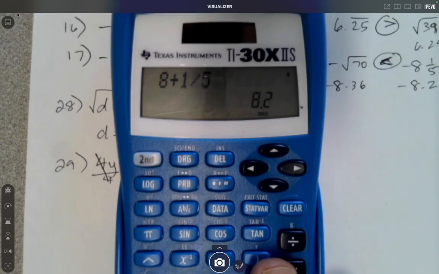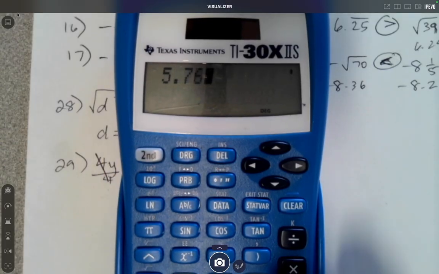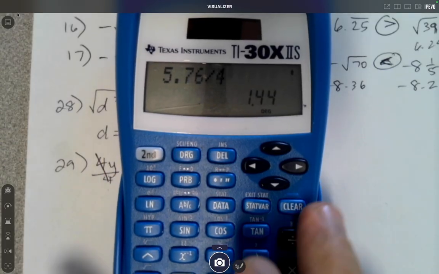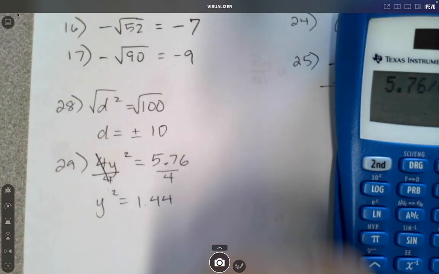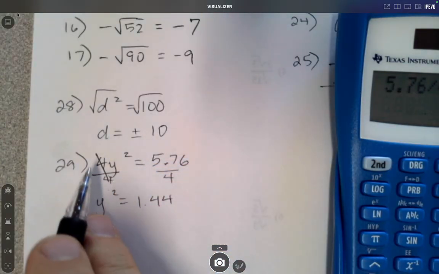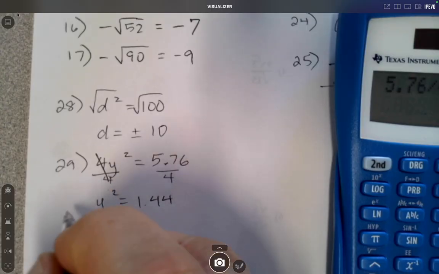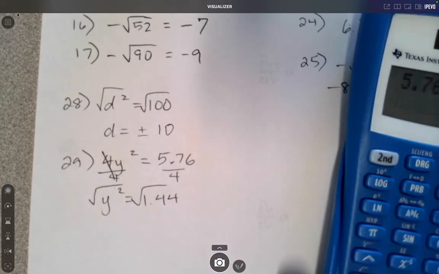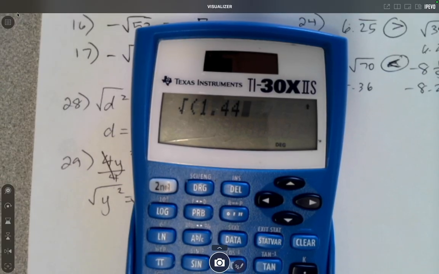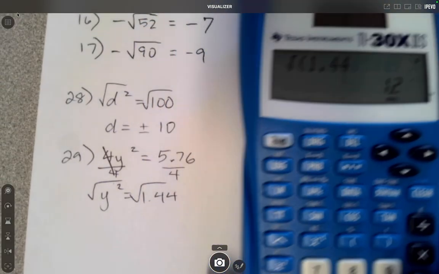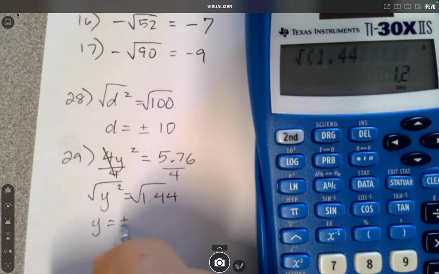So 5.76 divided by 4 is 1.44. So y squared equals 1.44. Now that I've gotten rid of that 4, I can get rid of the squared by taking the square root of both sides. So I do the square root of 1.44, and I have to do plus or minus 1.2.